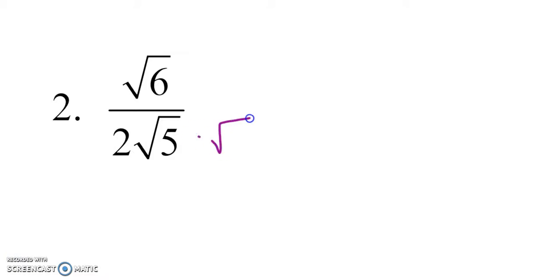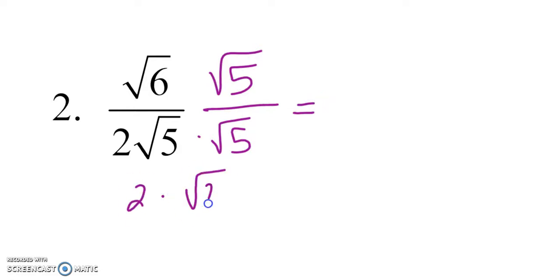So if I simply just multiply by the square root of 5 again to get rid of this and the square root of 5 up here, I will get 2 times, and remember this would be the square root of 25, but I'm going to try not to write a radical in my final answer. So square root of 25, which is 5, but because there was a 2 down there, it's 2 times 5, which is 10.